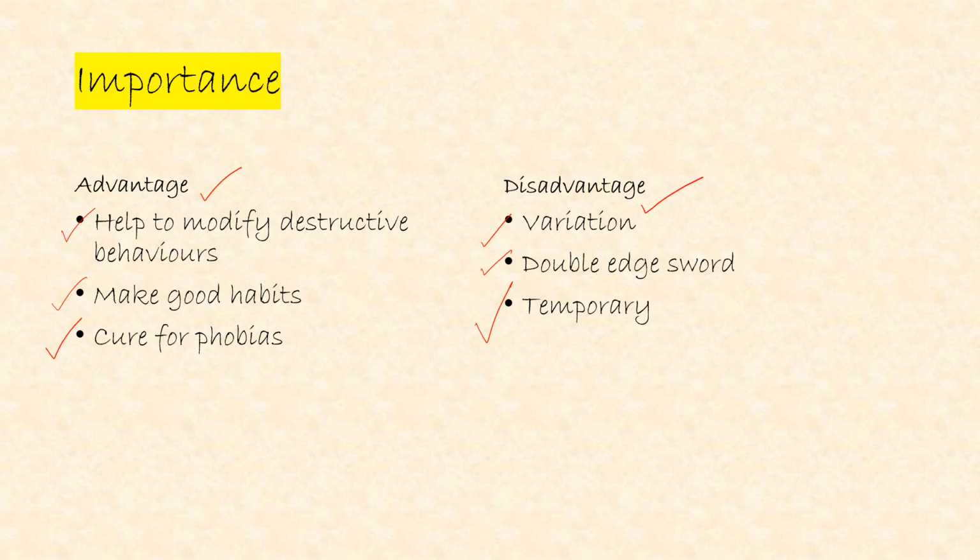After all, the techniques will be performed on living beings, and the actual reaction is still up to every living being. If you use it for a good purpose, you can bring a smile on their face, but if you use it in a negative way, you will end up in a bad situation. That's what I mean by double-edged sword.